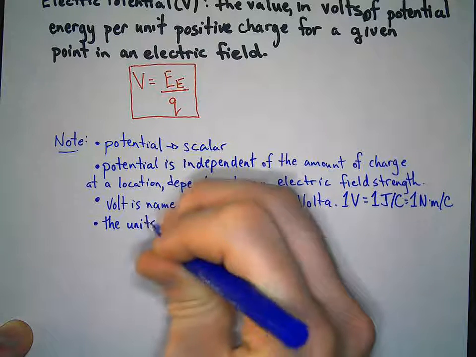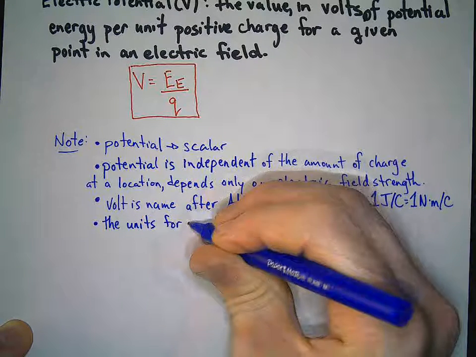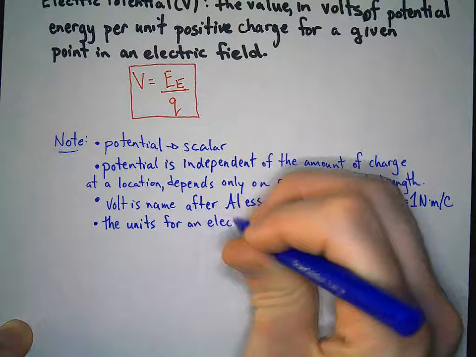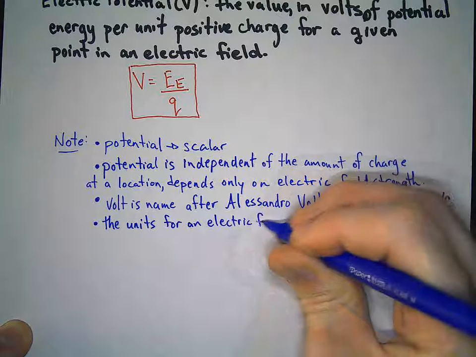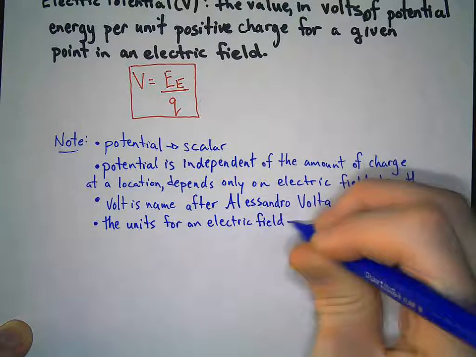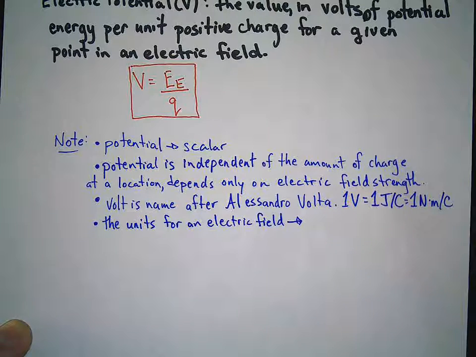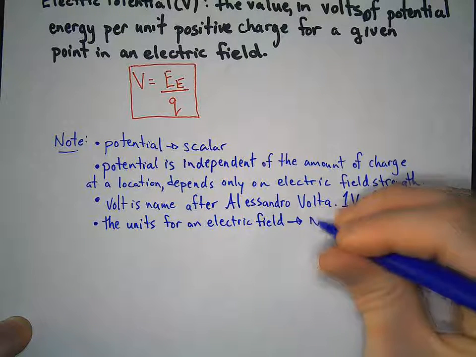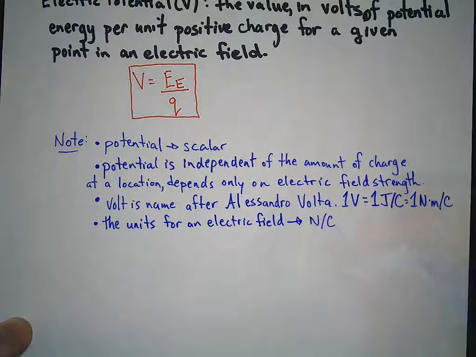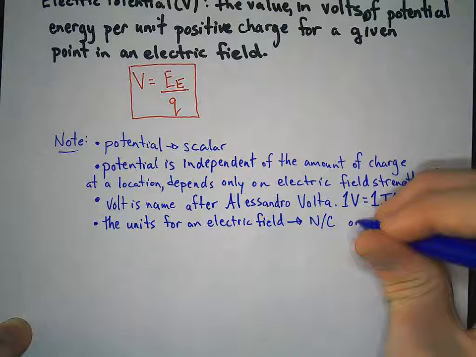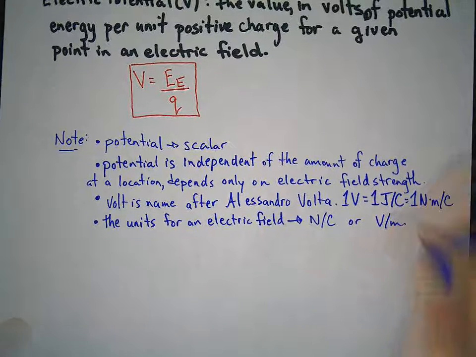The units for an electric field can be expressed one of two ways, either as newtons per coulomb or volts per meter. Both ways work for expressing the units of an electric field.